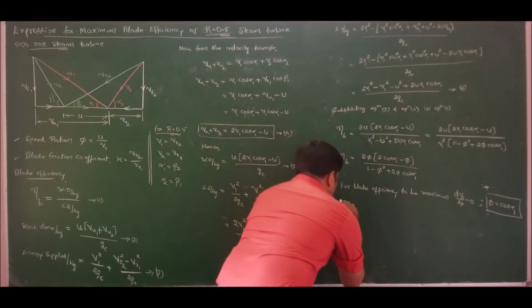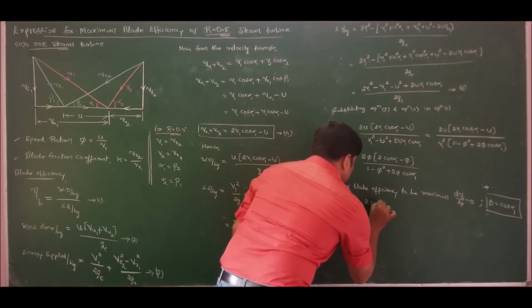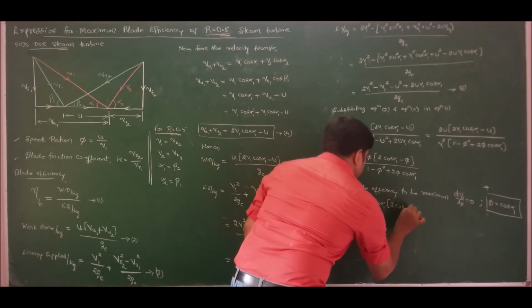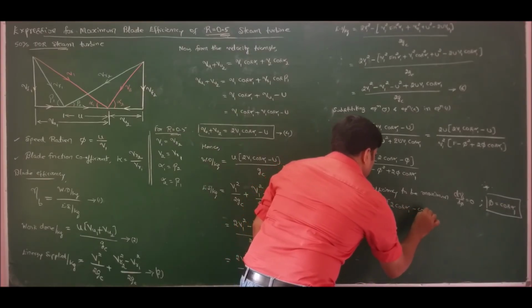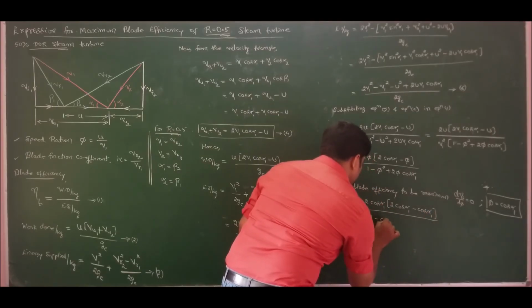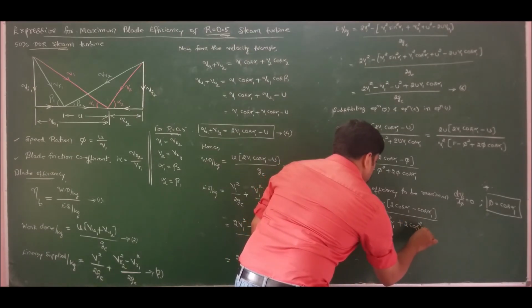We'll get maximum blade efficiency as 2 cos alpha 1 of (2 cos alpha 1 minus cos alpha 1) divided by 1 minus cos square alpha 1 plus 2 cos square alpha 1.